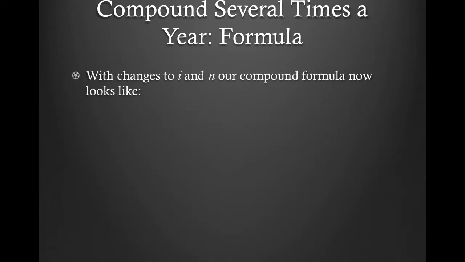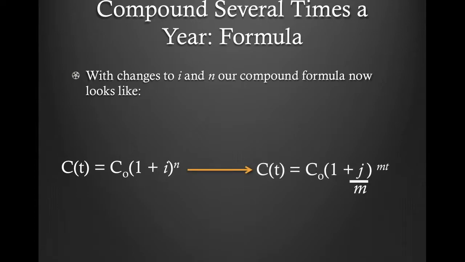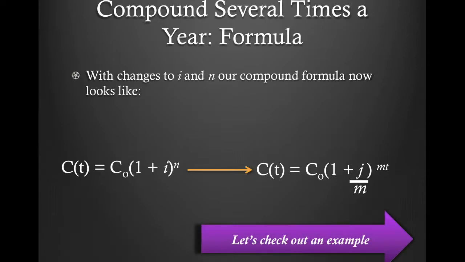So, in general, now that we've changed our i and our n from our compound formula, our new formula, when the question says it's compounded several times a year, will look like this: C of t is now equal to C of 0 times 1 plus j over m to the power of m times t.